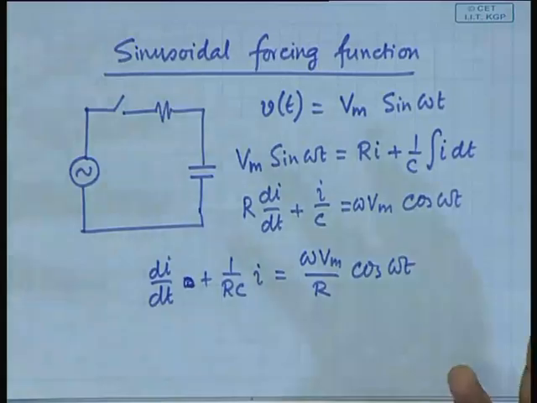The question is, what will be the solution? The logic that I proposed was that in this case the equilibrium point moves sinusoidally, and naturally the current will also follow it, and you can expect a sinusoidal function as the solution. What is the general form of a sinusoidal function? A sin omega t plus B cos omega t.